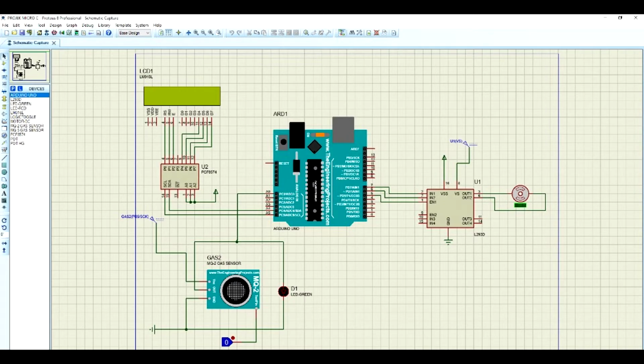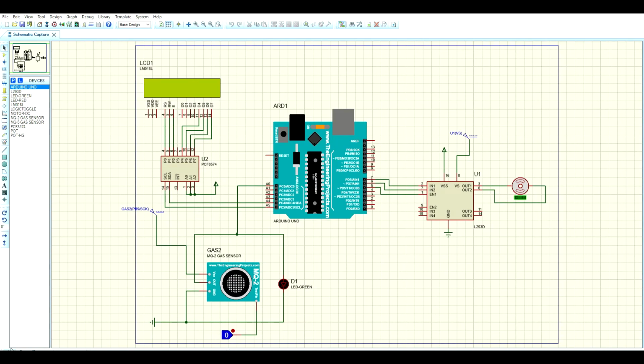For the servo motor, we connect it with the analog IC, at pin 3 of the analog IC, and one more at pin 6 of the analog IC.